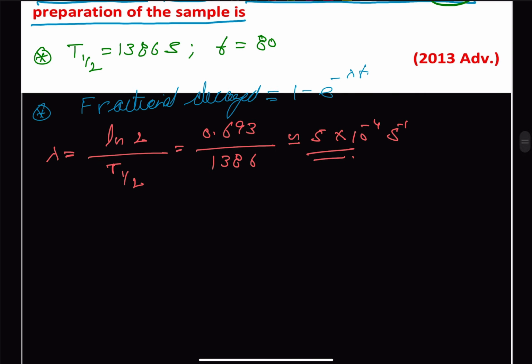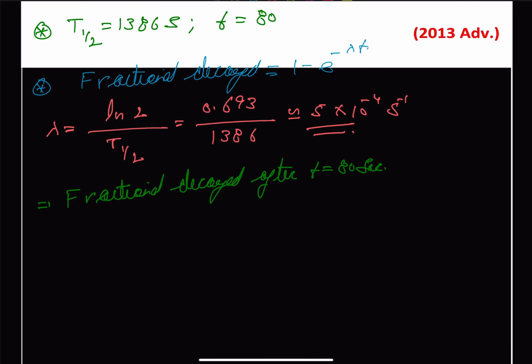So we can say that the fractional decay after t is equal to 80 seconds, using the same formula but putting in the values, gives us 1 minus e raised to the power minus 5 into 10 to the power minus 4 multiplied by 80, and this is approximately equal to 0.0392.